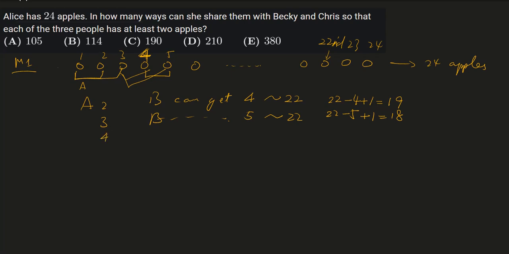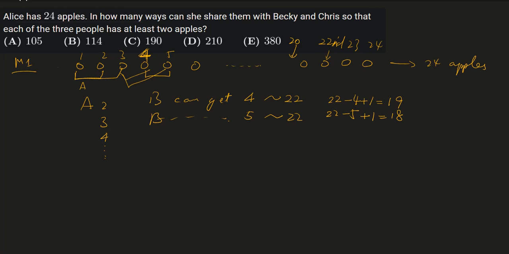And if we do all of the counting all the way up to here, this is the 20th, right? So the most Alice can get is 20 apples, because she has to leave at least 4 apples for the other 2 people.